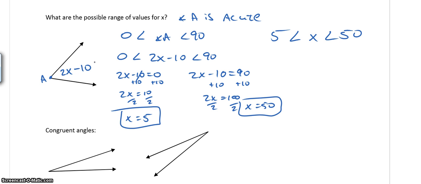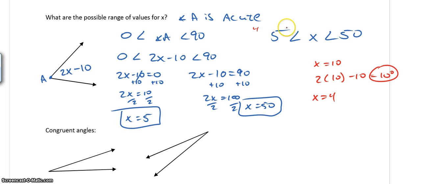Let's test one. Let's say x is 10. Is 10 between 5 and 50? Yeah. Let's take our angle A: 2 times 10 minus 10 is 20 minus 10, so it's 10 degrees. Would a 10-degree angle be acute? Yeah. Let's test one outside of the range. Let's use x equals 4, because 4 is not in this range.